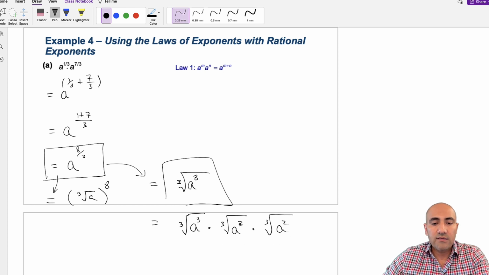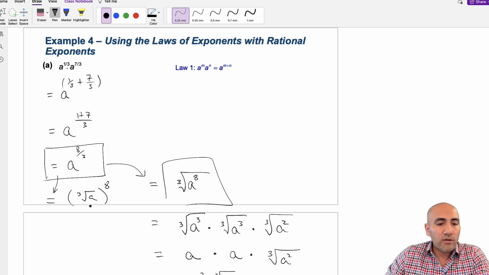So 3, 6, and 2 makes 8. Here these two undo each other, so this becomes an a from there times an a from there, and there's nothing we can really do with this one, so it becomes the cube root of a squared. So we end up with a squared times the cube root of a squared. That's one way to simplify it.